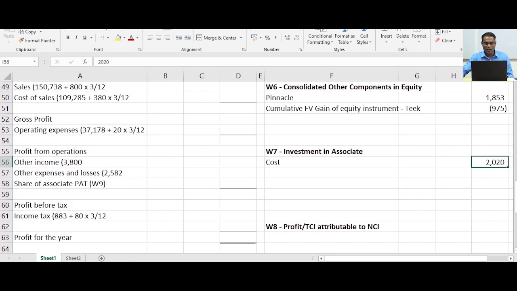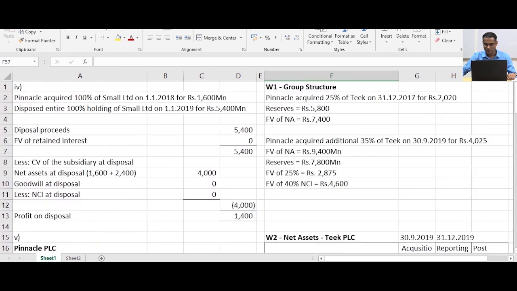After taking the initial cost, you need to take the share of the post acquisition reserve increase of the associate, that is equity accounting. The initial 25% was acquired on 31st December 2017, where the reserve balance was 5,800. Up until 30th September 2019, when control was achieved and you apply acquisition accounting, you follow equity accounting.